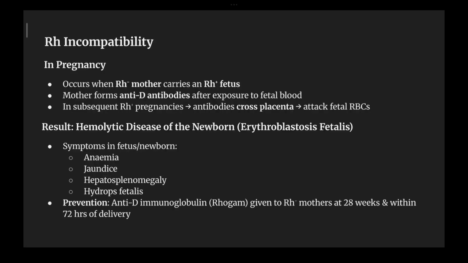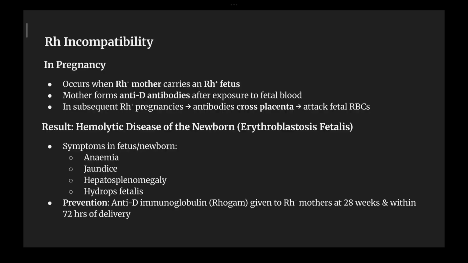Now, how to prevent hemolytic disease of the newborn, that is, to prevent erythroblastosis fetalis? Anti-D immunoglobulin, RhoGAM, is given to the Rh negative mother at 28 weeks and within 72 hours of delivery.